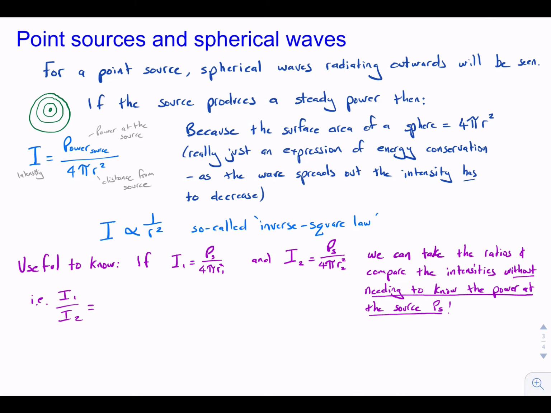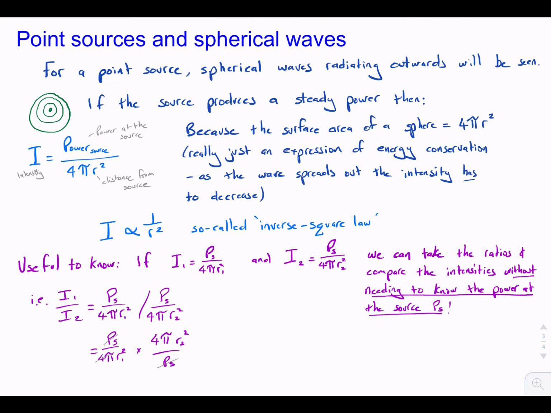Now we can take the ratios of these two things, so intensity 1 divided by intensity 2, and we take the ratio of the other side, so PS 4 pi r1 squared divided by PS 4 pi r2 squared, and if we're dividing by this element here, we can just turn it around, multiply it out, and we can see it a bit more clearly.